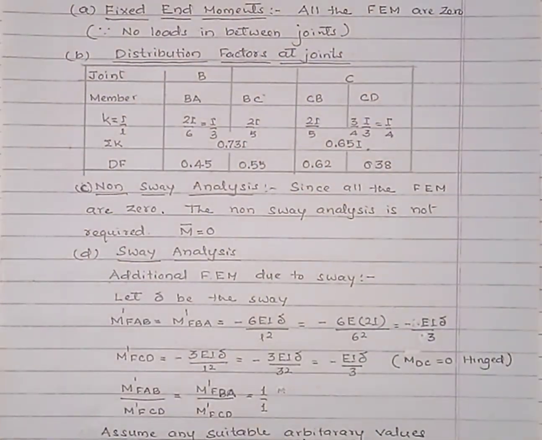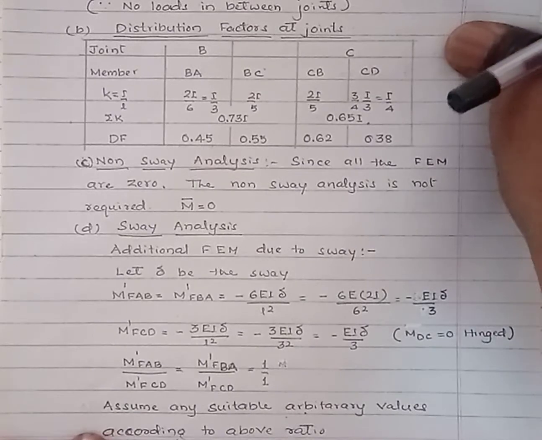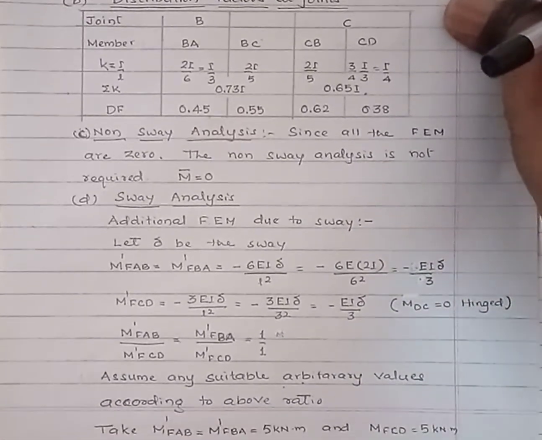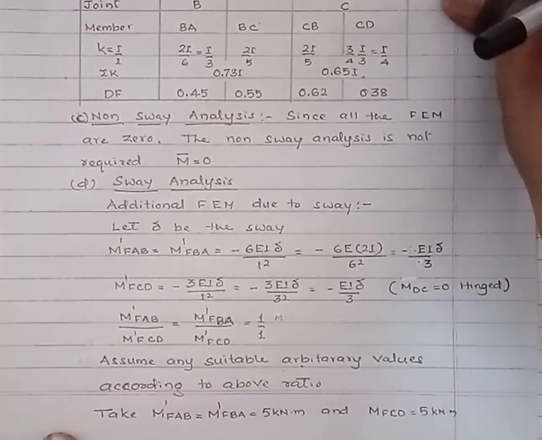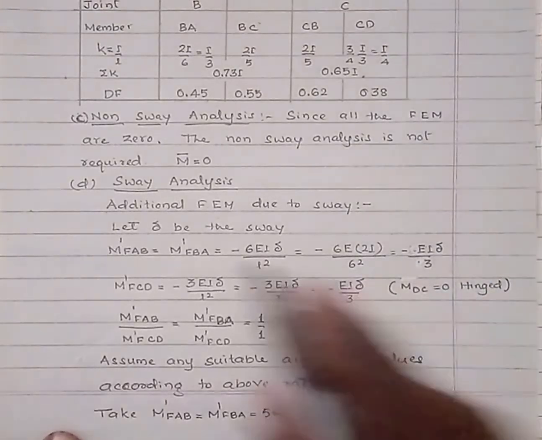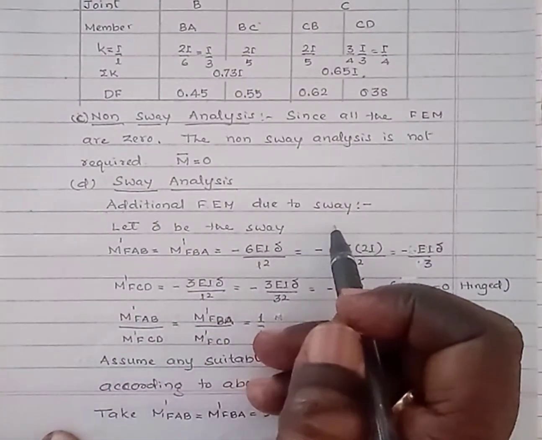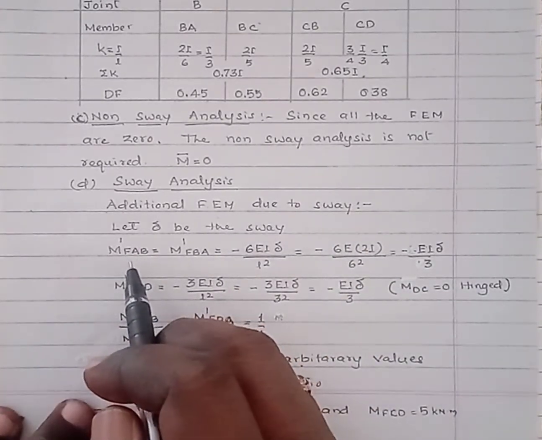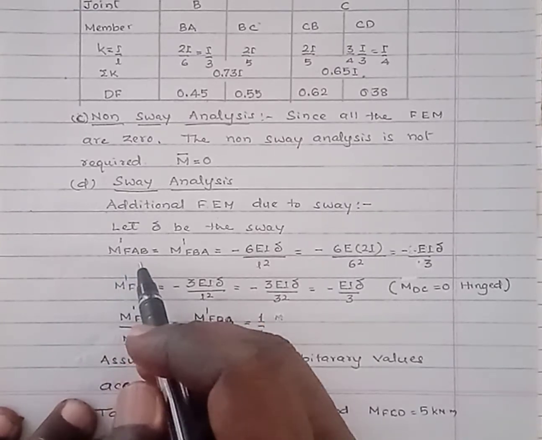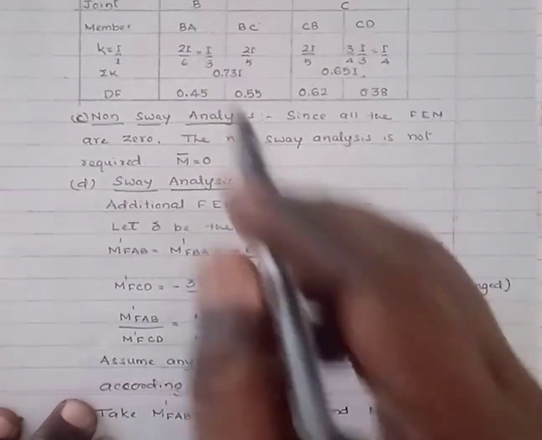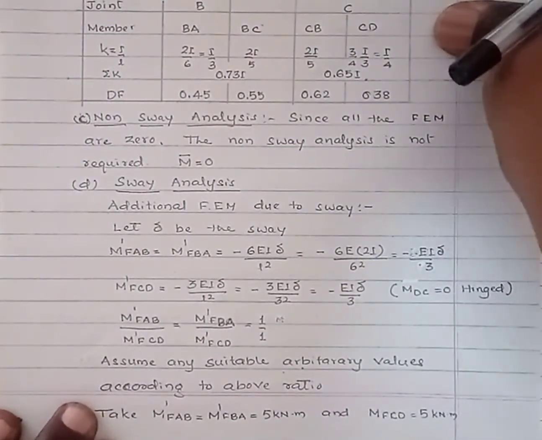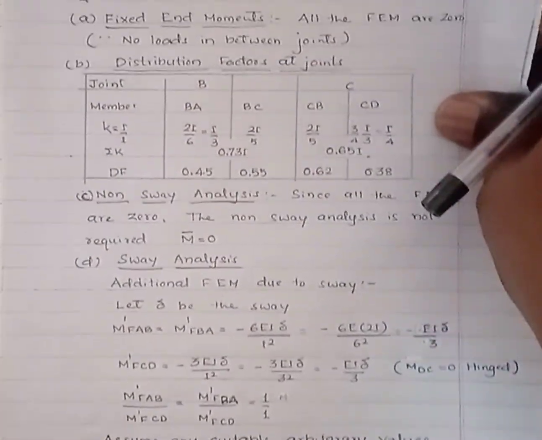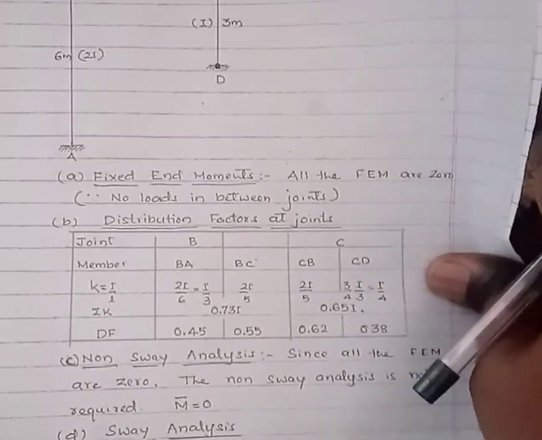Here we have to consider the additional fixed end moments due to sway. I told that delta is the sway towards the right side, then the additional fixed end moments due to sway, M dash. M dash FAB equals M dash FBA, both the vertical members, that is both the columns, are the fixed end moments due to the lateral sway.